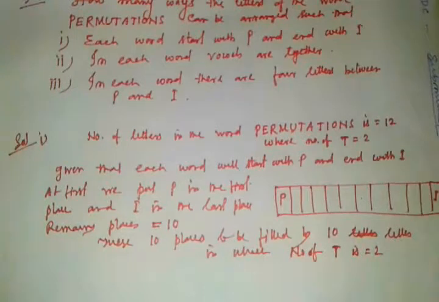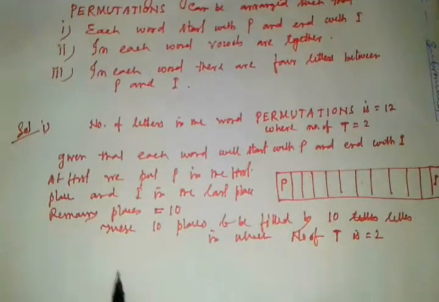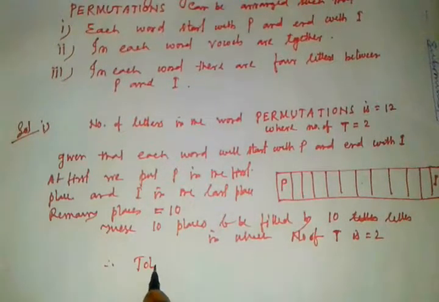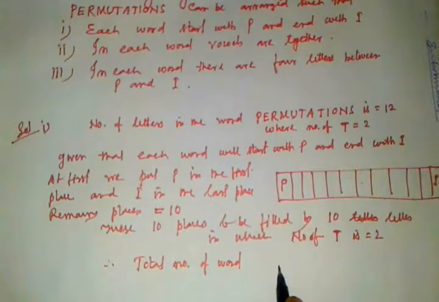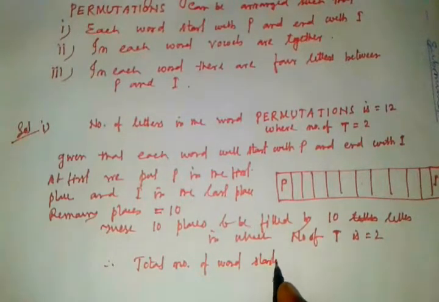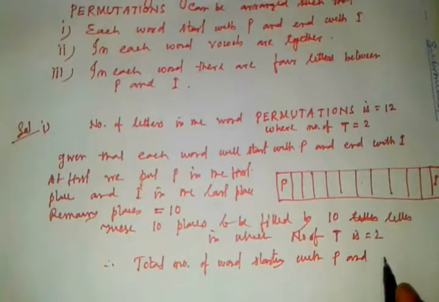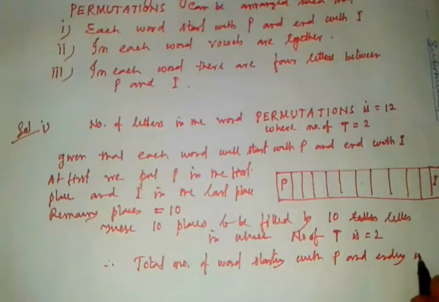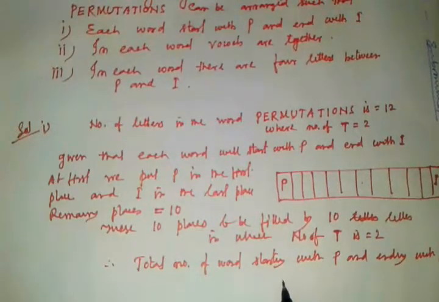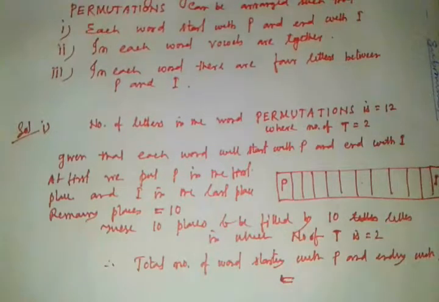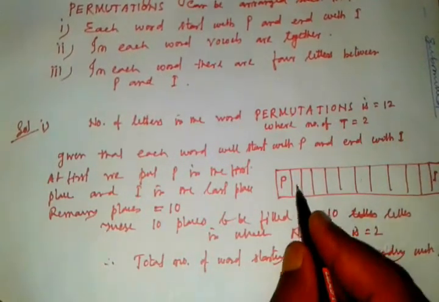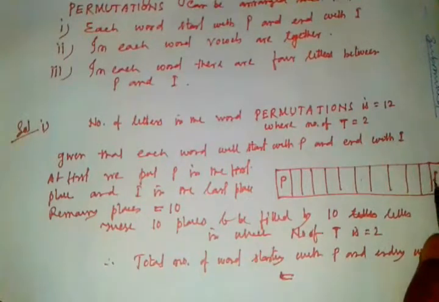Therefore, total number of words starting with P and ending with I is equal to this. Here P and I are fixed.